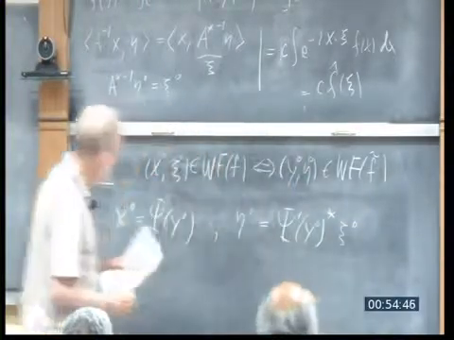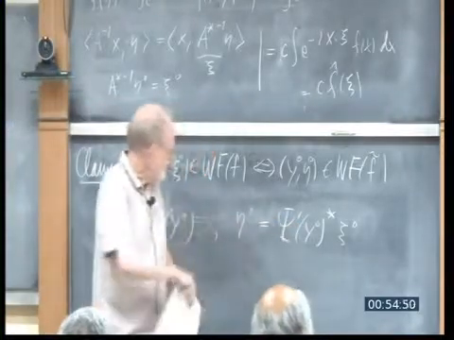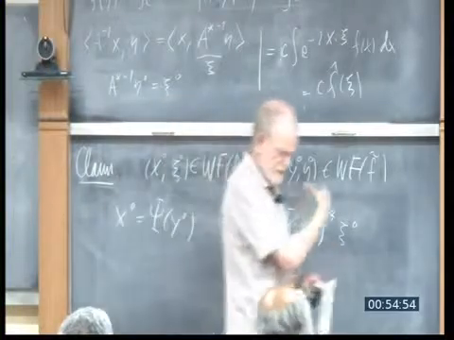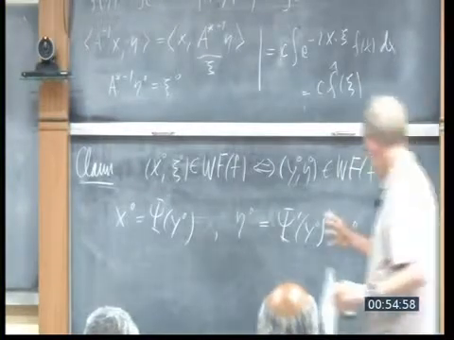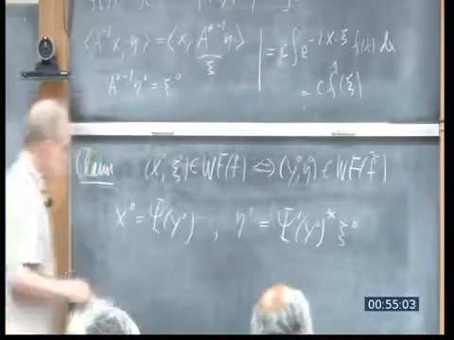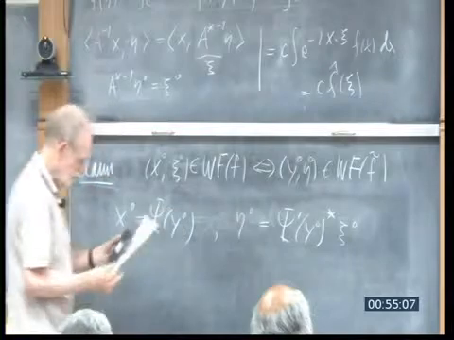What does this notation mean? Well, psi prime at the point is a linear map. It's a differential of psi at the point. And we have to take the adjoint of that linear map in the same way as before.